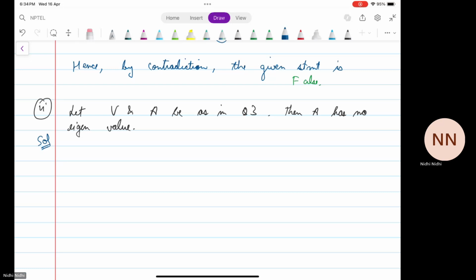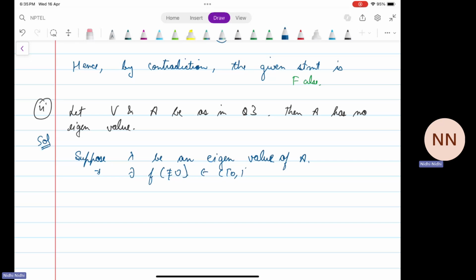Solution. Now, if possible, suppose lambda is an eigenvalue of A. This implies there exists some function f, which is not trivially 0, in C[0,1], a continuous function defined on the closed interval 0 to 1, such that Af(t) is equal to lambda f(t) for every t in [0,1].